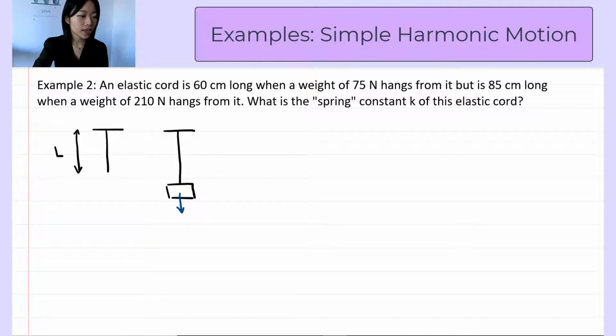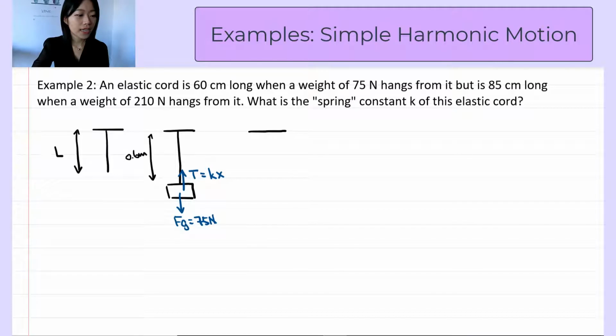So here there is gravity force that is 75 newtons. And there's the restoring force. Let's call it T for tension, that is some constant K times the displacement from its equilibrium point. And in this case, the length is 0.6 meters.